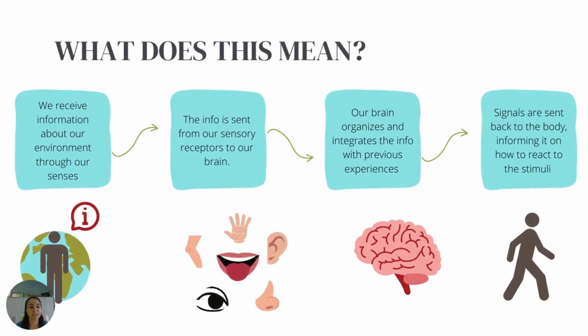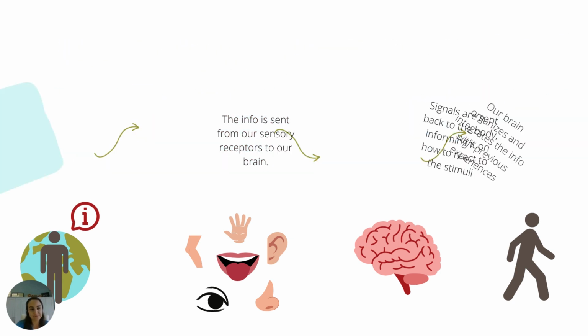We receive information about our environment through our senses. So all those senses that we talk about, we receive information about our environment through them. Then that information is sent from our sensory receptors to our brains. In our brains, it gets organized and our brains integrate it with information from previous experiences, and then it sends signals back to the body, informing it on how to react to the stimuli.